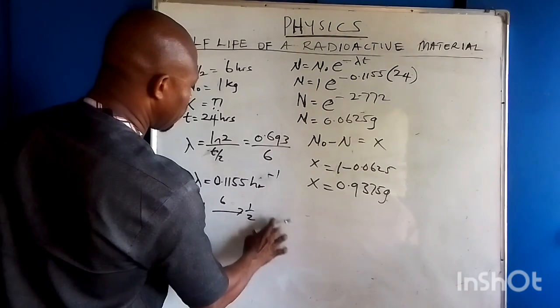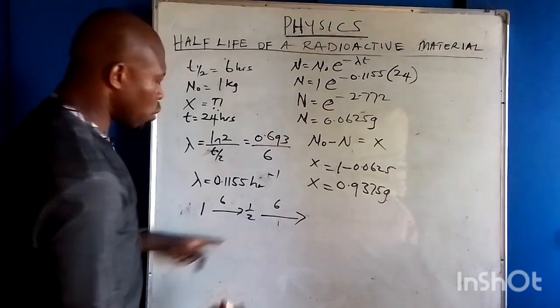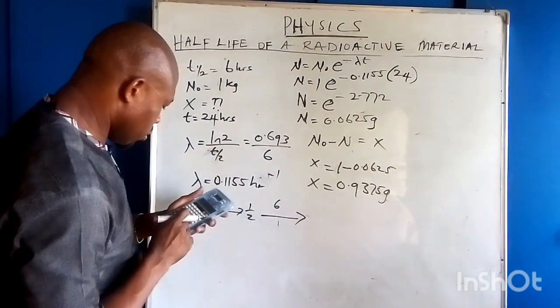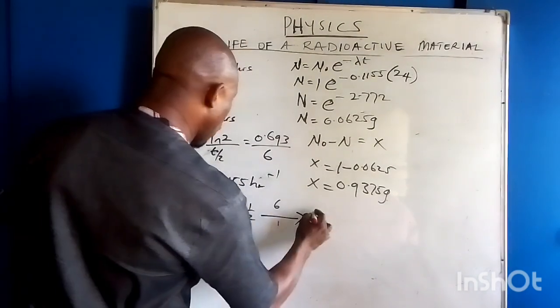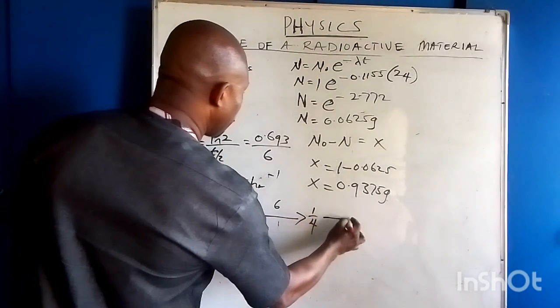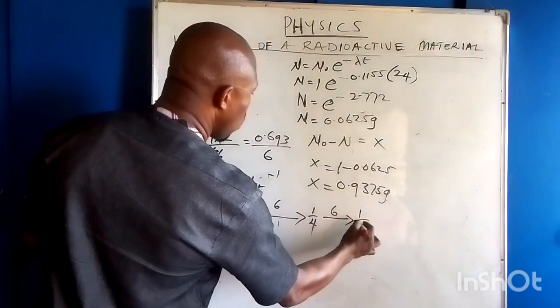So after another 6 hours, this one will decay, and we'll have 1/4 remain. After another 6 hours, we'll have 1/8.